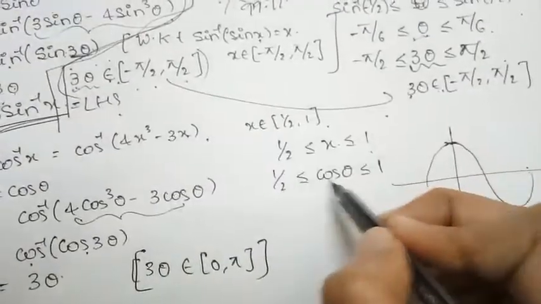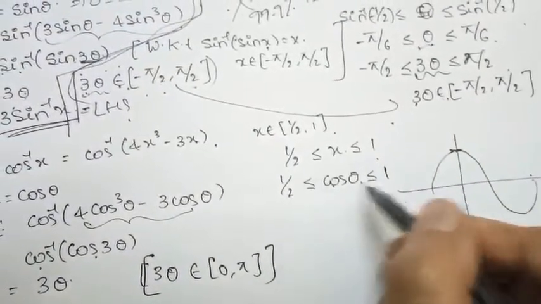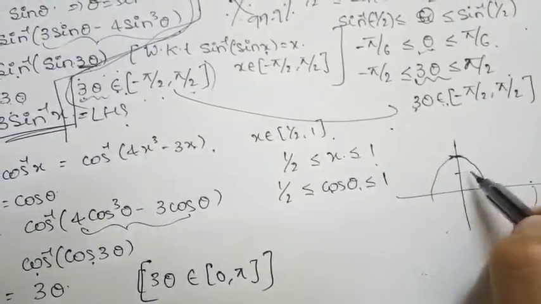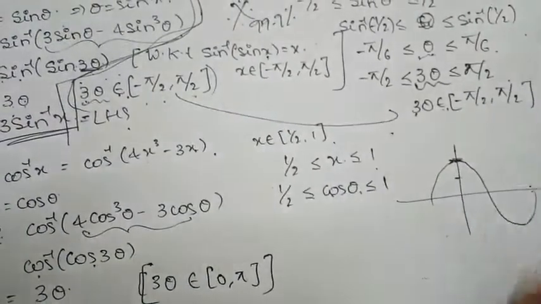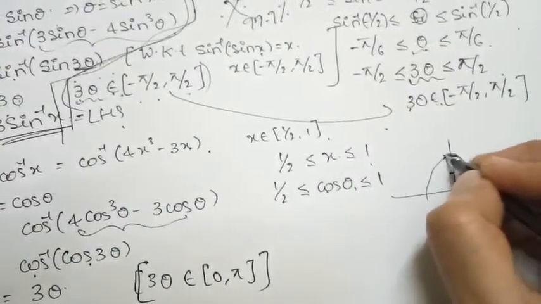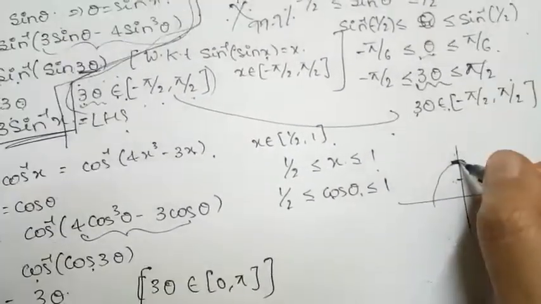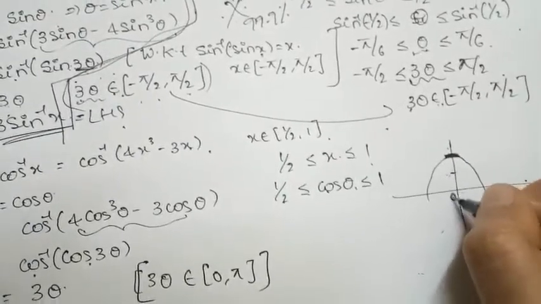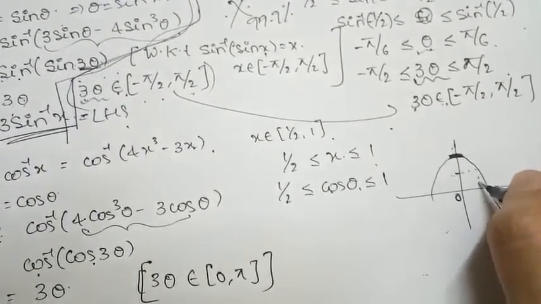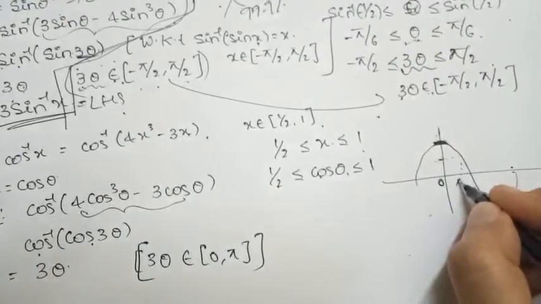So cos theta is ranging from half to 1. Half means somewhere here, 1 means somewhere here. So clearly 1 means the value is 0, half means clearly it is pi by 3.